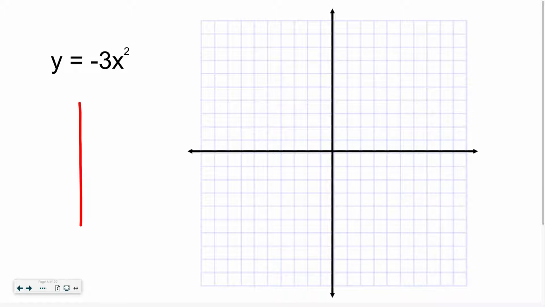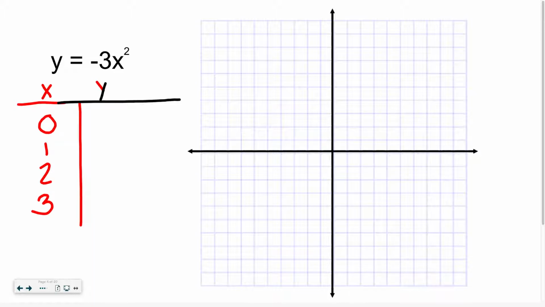If I'm going to graph a quadratic, I can use the table. Some of us need to recall when we substitute values in, what operations are done first. If I substituted in a value of 0, 1, 2, and 3, if x is 0, what's y? 0, because 0 squared is 0, and 0 times negative 3 is still 0.